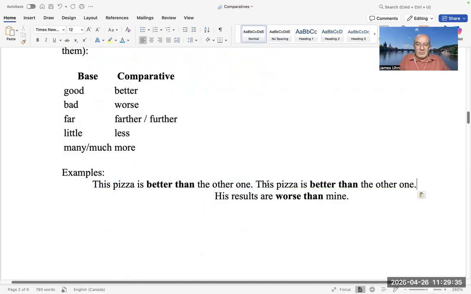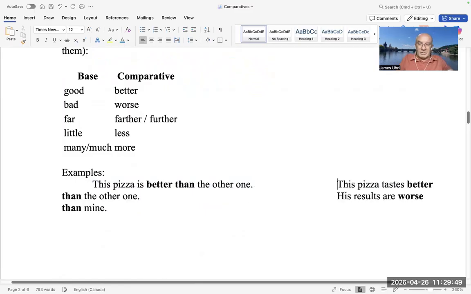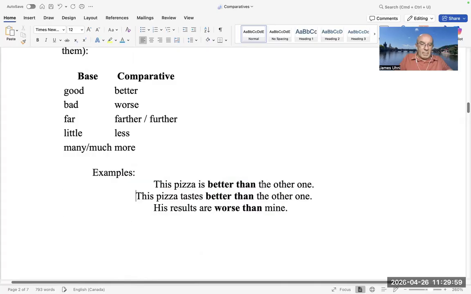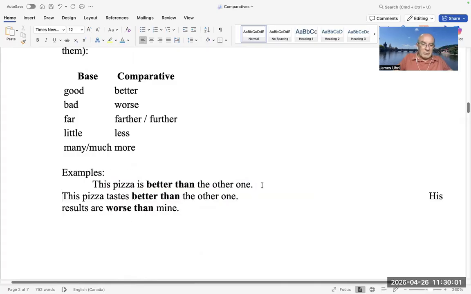And let's go. This pizza tastes better than the other one. So let's put it in nice order. Oops, no, I don't like it. Okay, we have to go back and then do this. Yes.